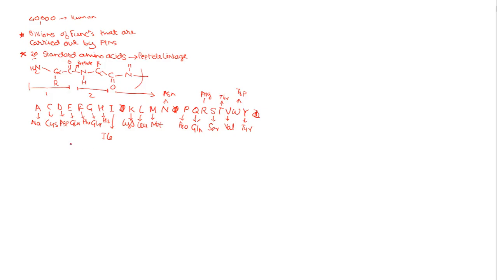So this is what it is. It is the sequence of your protein which enables it to fold properly, and if it is folded properly, it would perform its function.